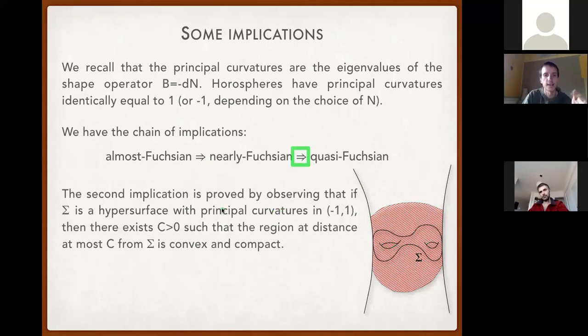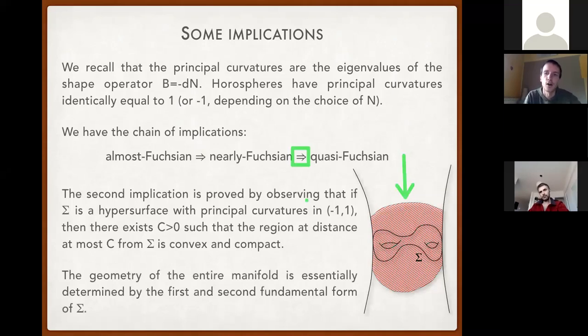If you have a hypersurface which contains basically all the topology of the manifold and has principal curvatures between -1 and 1, then you can find an equidistant region, a region of points at distance at most some constant c from the hypersurface. You can prove that if you take c sufficiently large, then this region is compact and geodesically convex, and therefore your manifold is quasi-Fuchsian.